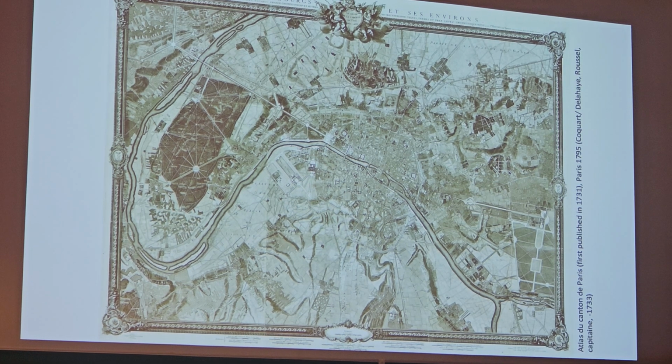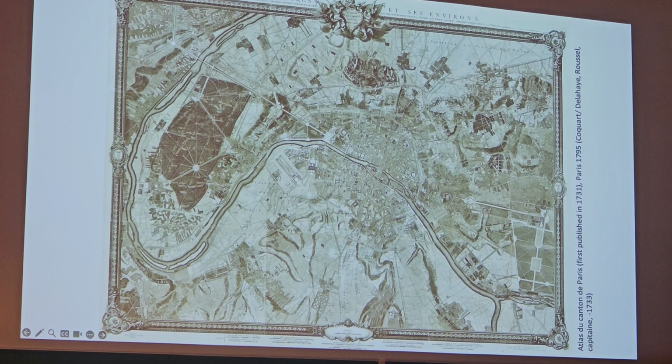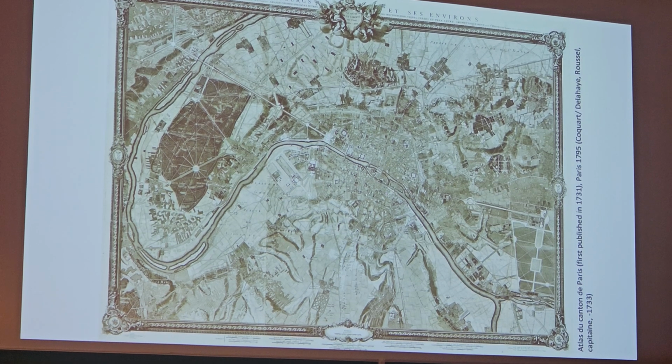So this is Alphand, the landscape architect who worked at the time with Baron Haussmann, who was an engineer and a park designer. What's super interesting is that as the city was being reconstructed by Haussmann, he was working not only with an urban park system around the city, but also with two gigantic green lungs outside the city related to the water system.